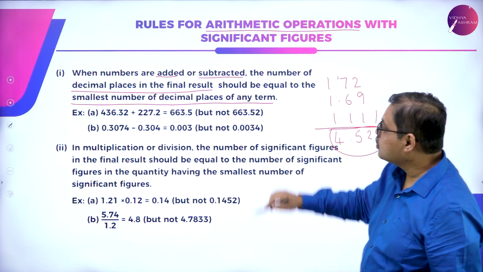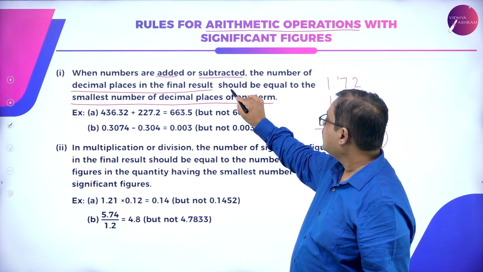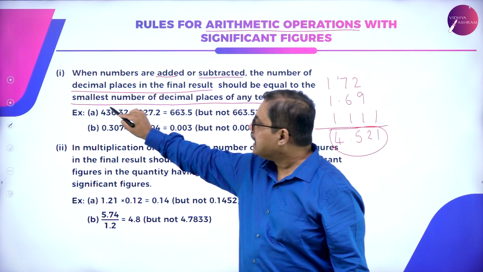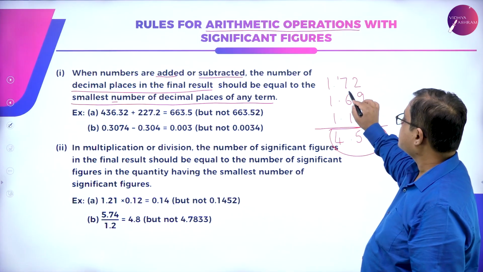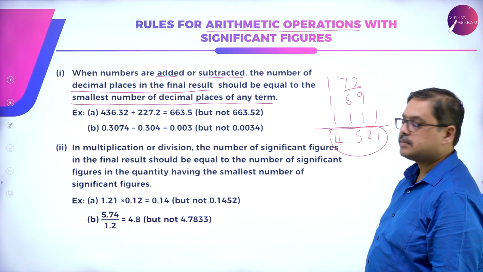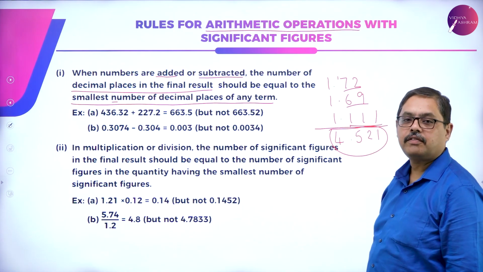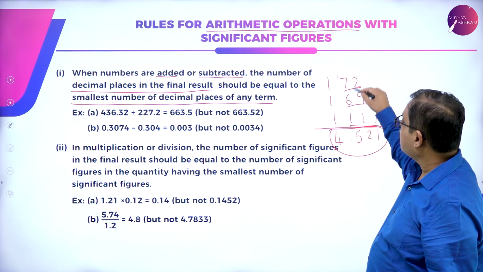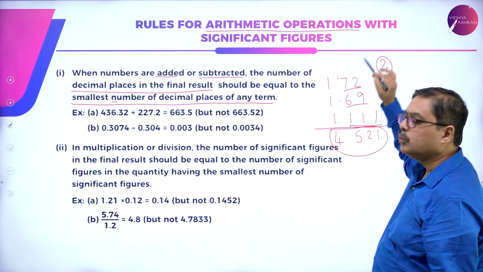Now what does this rule say? The rule says that in the result, the decimal places should be equal to the smallest number of decimal places. If you observe these terms, I have 2 places after the decimal point, 2 places, and 3 places. So the minimum number of digits after the decimal point is 2.